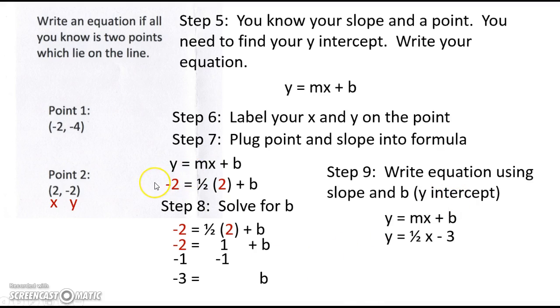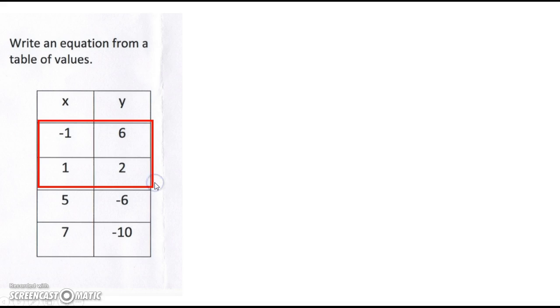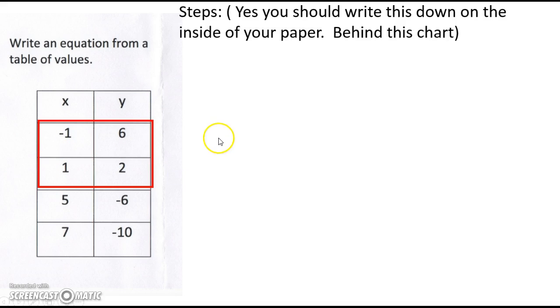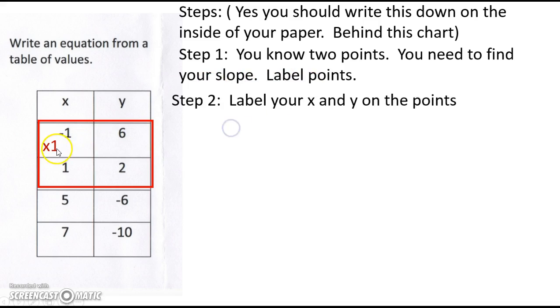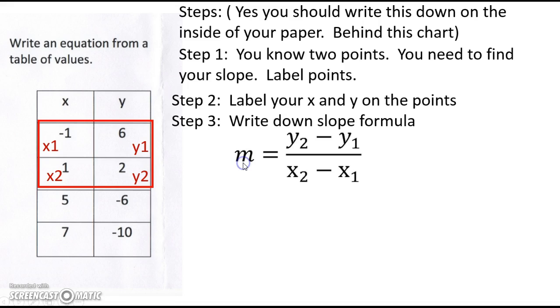All right, here we go. The last one is the chart. It's the same thing as what we just did with 2 points, because on our chart, these are our 2 points right here. So write it down behind the chart. You don't have to write this down. Know your 2 points. Find your slope. Label your points. x1, y1, x2, y2. And guess what? You're going to use your slope formula like we just did.